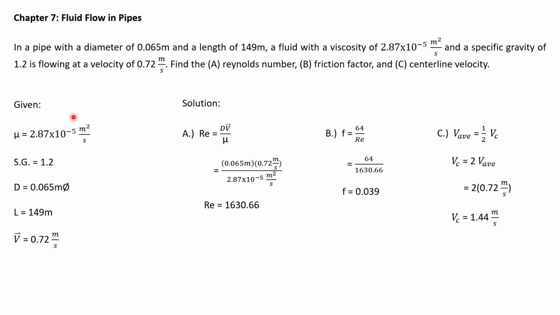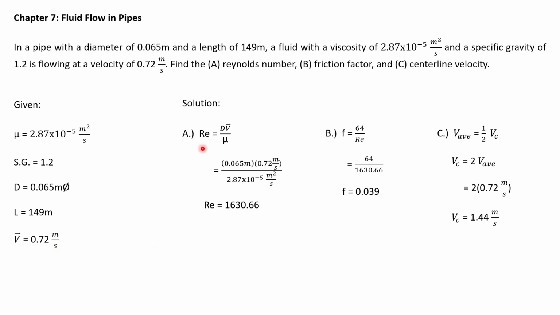So we will have a given of kinematic viscosity equal to 2.87 times 10 to the power of -5 meters squared per second, and the specific gravity which is 1.2, and the diameter which is 0.065 meters, and the length of the pipe which is 149 meters, and the velocity of the fluid which is 0.72 meters per second. So now let's first solve for the value of the Reynolds number.